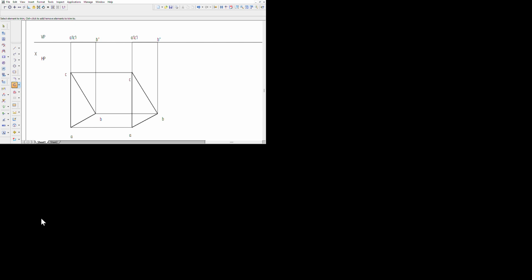Now let's take the arrowhead option. Let's zoom out.